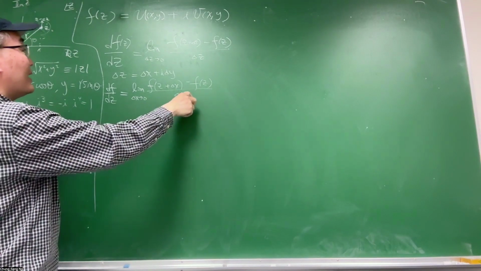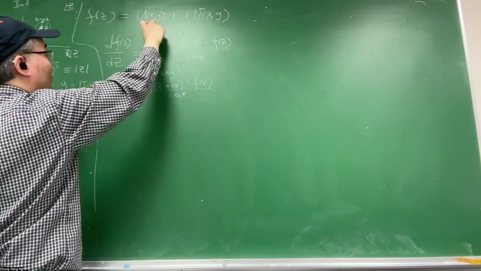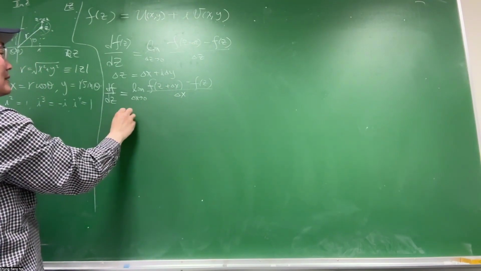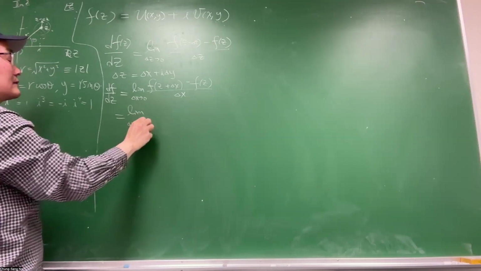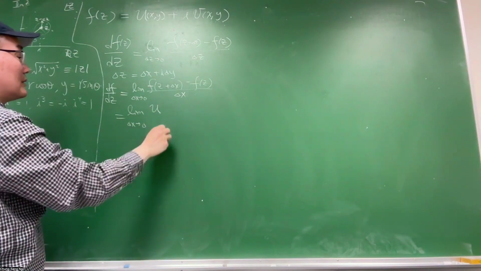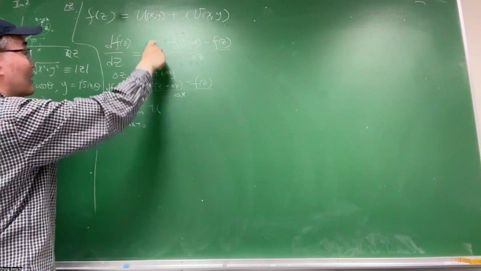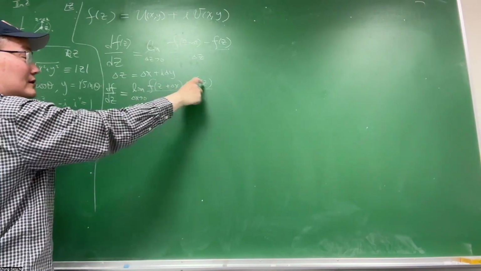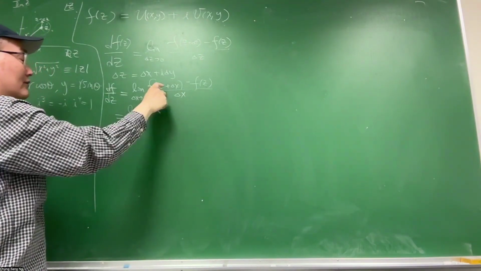Right, and now you go back to this expression and write it in real part and imaginary part of f. We have two parts, u and v. Both of these two terms have the u and v, so we write one at a time.